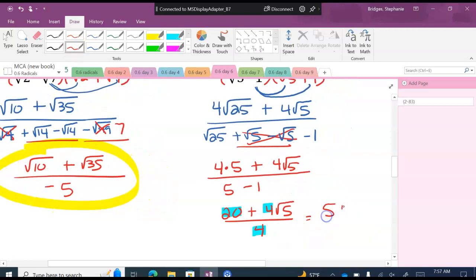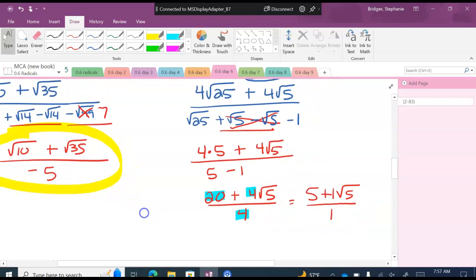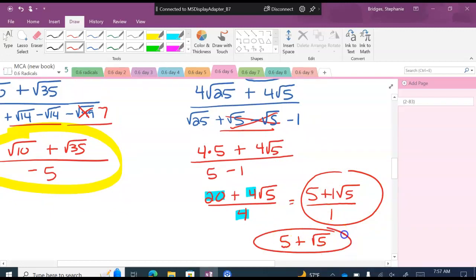So that's going to turn into 5 plus 1 square root of 5. You can put a 1 in front of it if you want to. You don't really have to. And that's over 1. You can leave your answer just like that. Or we could also just write it as 5 plus the square root of 5. Do I have any questions?